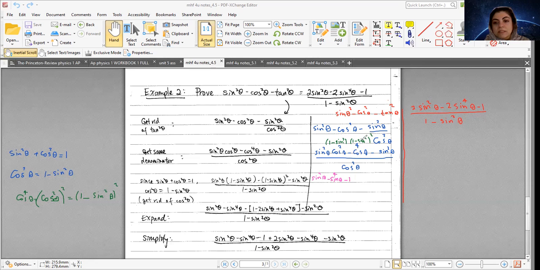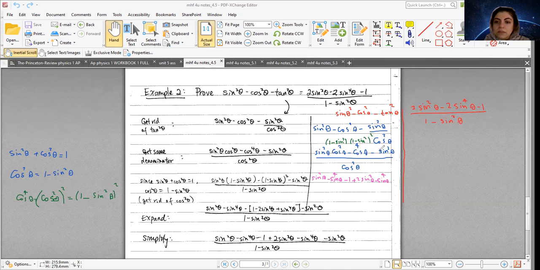Twice of the first multiplied by second is 2 sine power 2, but because there's a negative at the end, it becomes positive. 2 sine power 2 theta, and sine power 2 to the power of 2 is minus sine power 4 theta.